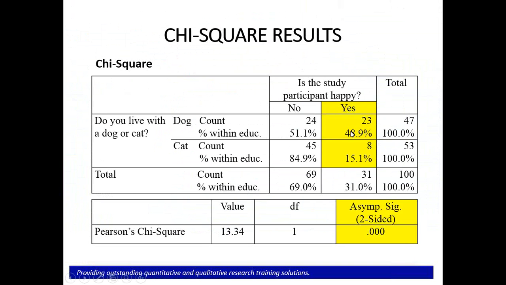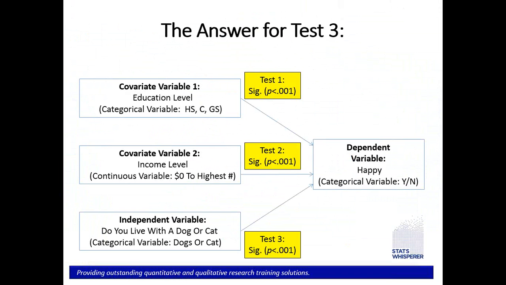On yes, 48.9% of people that live with a dog are categorized as happy. But look at this, under cat, only 15.1% of the people that live with a cat are categorized as happy. So there's a significant relationship where people who live with a dog are more likely to be happy than people that live with a cat. So we fill that in. Now we have our bivariate analysis completed for sample study 2.